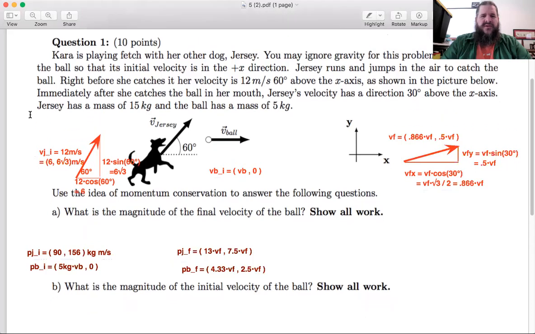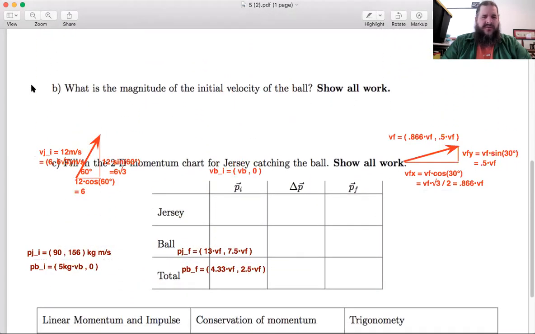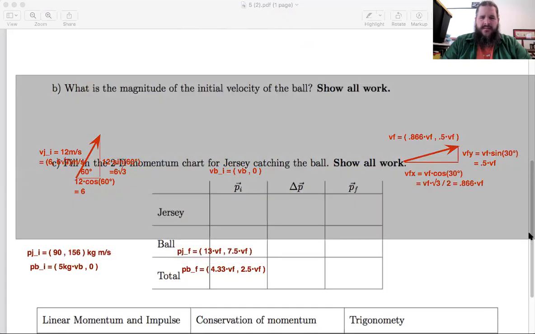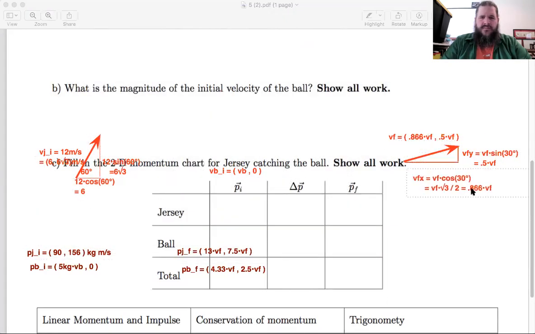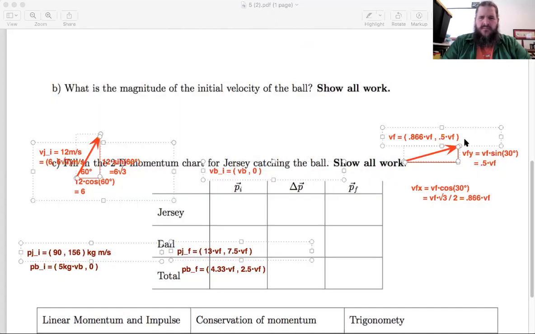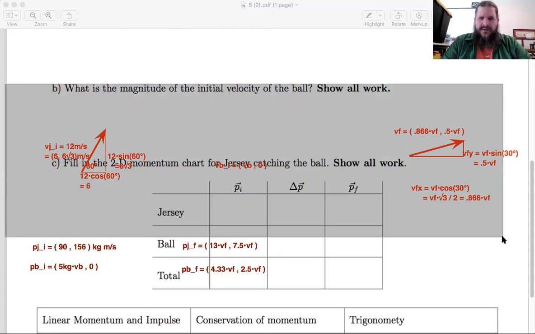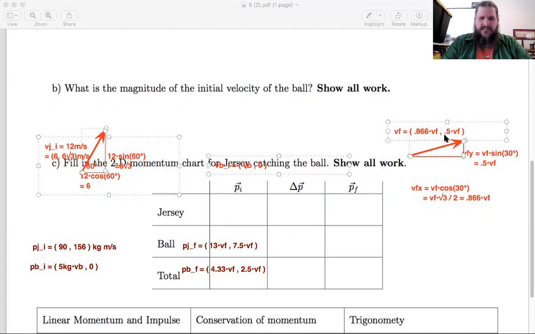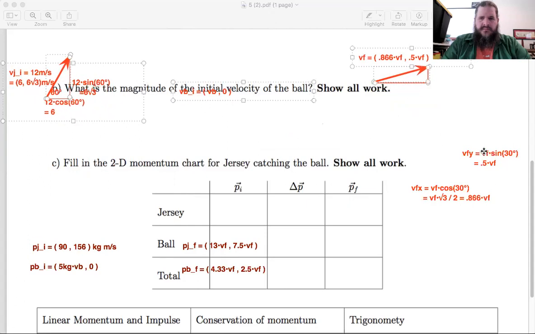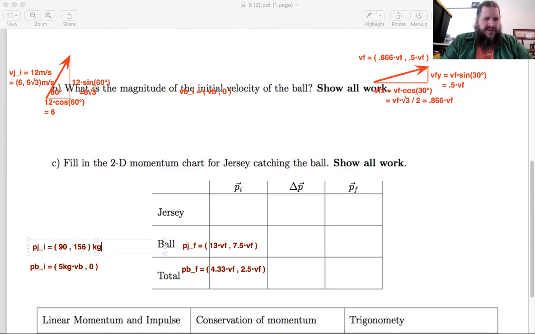Then let's try putting all this together with a momentum chart, because I think a momentum chart is going to be a very good way to organize the information here. Let me tidy this up a little bit. I'm going to leave off the units because these are all going to have the same units anyway.